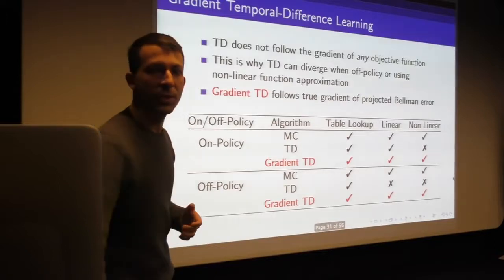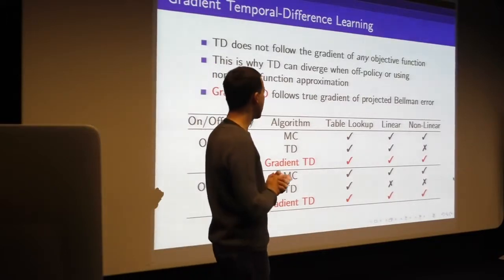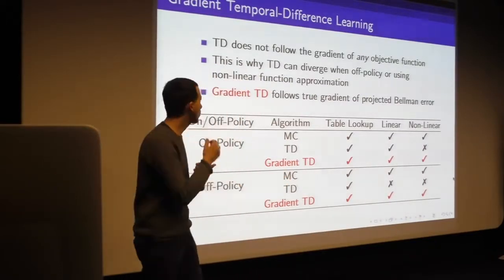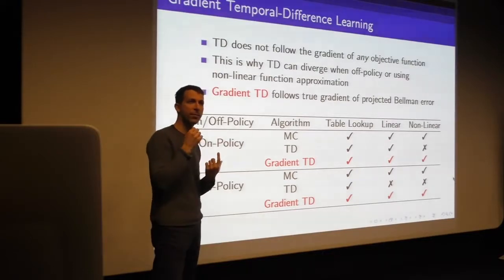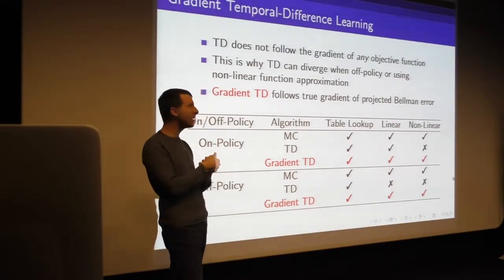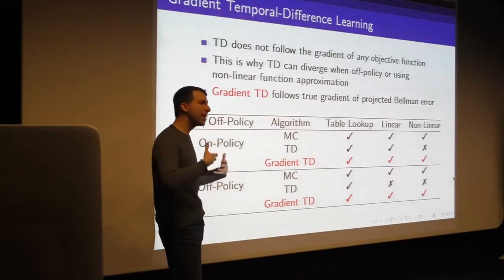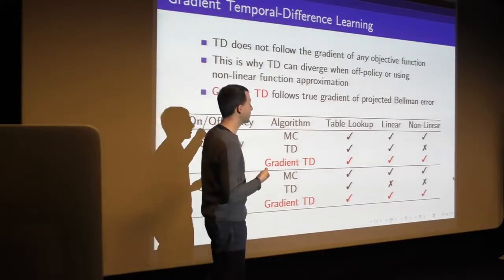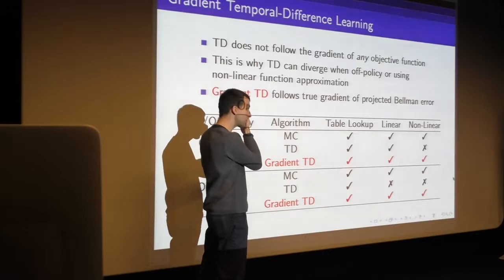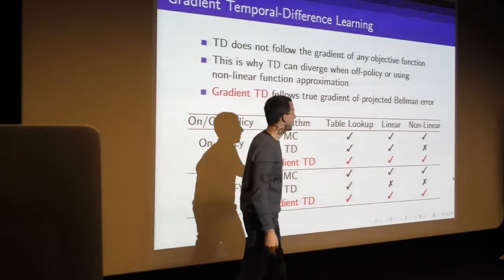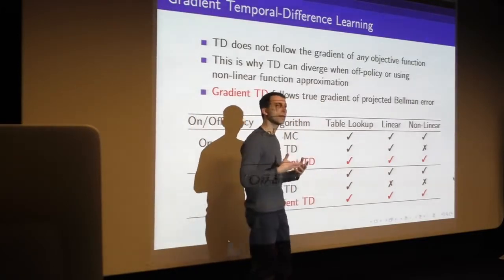I also want to mention some more recent methods, such as gradient TD. Also, in the last few months, there's another method called emphatic TD. These are methods which fix the issues that the TD algorithm has when it bootstraps. For example, gradient TD is a true gradient descent approach.